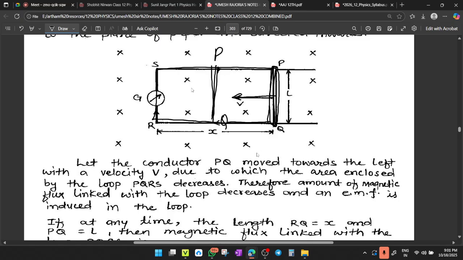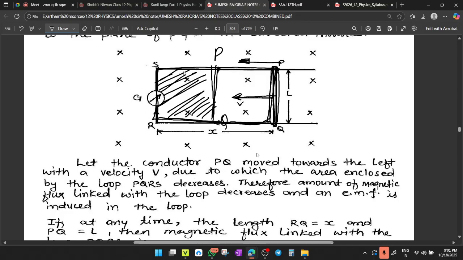Yes or no? Now tell me, does the effective area increase or decrease? Surely it decreases, because previously the area was up to here, a big area. But when you keep this limb closer, then your area becomes this one. So your area decreases, right?